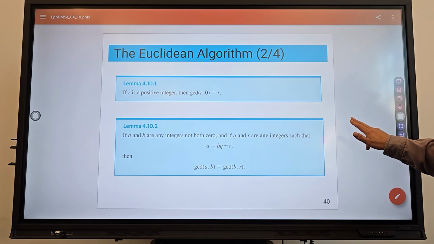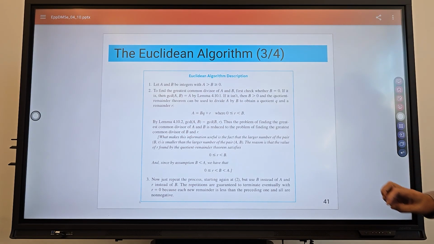So that's the Euclidean theorem stating that. So, Euclidean algorithm description.